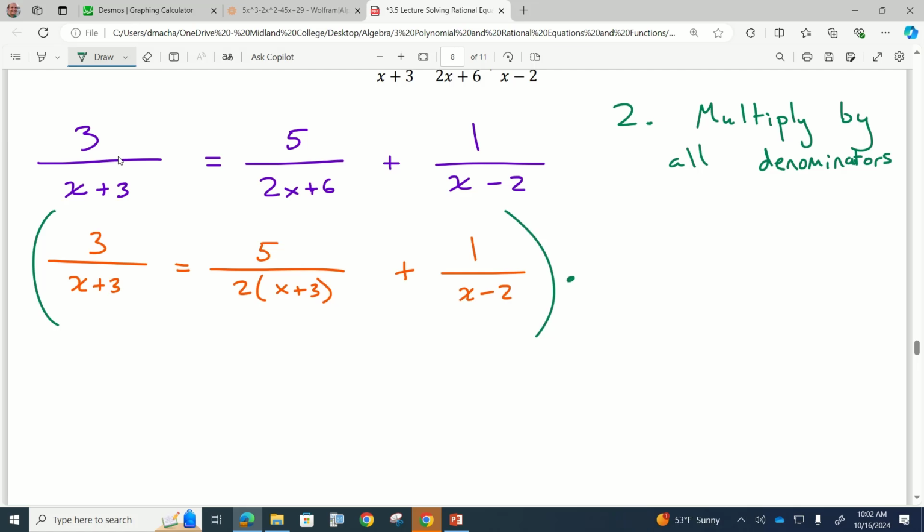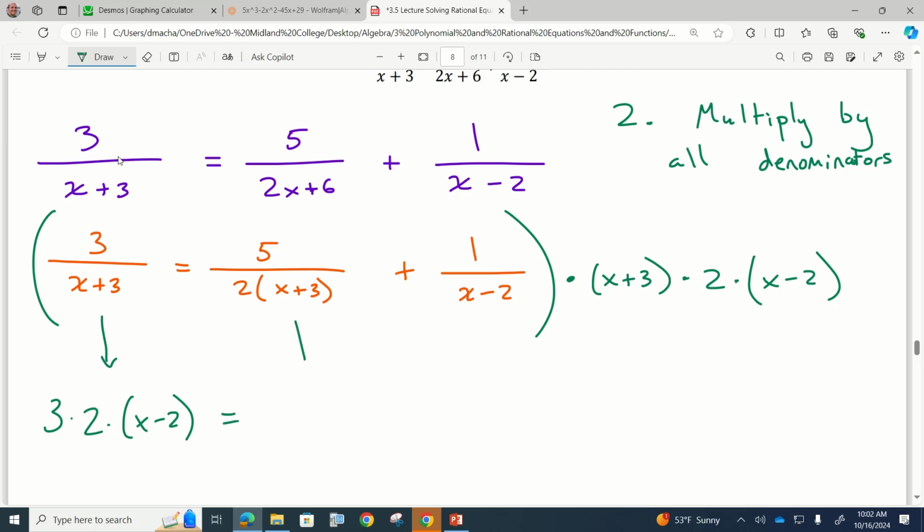I'm going to multiply by x plus 3, and I'm going to multiply by 2, and I'm going to multiply by x minus 2. When I'm done multiplying, this first term is going to be 3 times 2 times x minus 2. And when I multiply that first term times x plus 3, it's just going to cancel out with the x plus 3 it already has in the denominator.